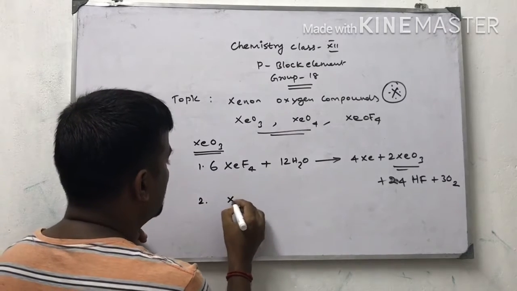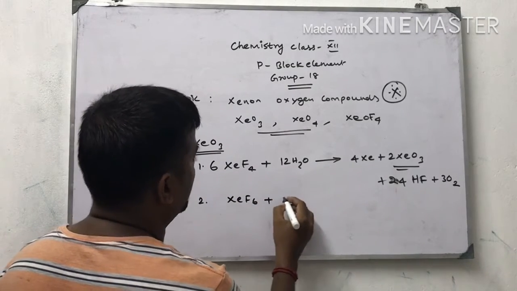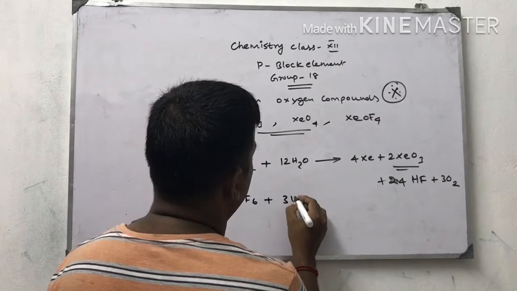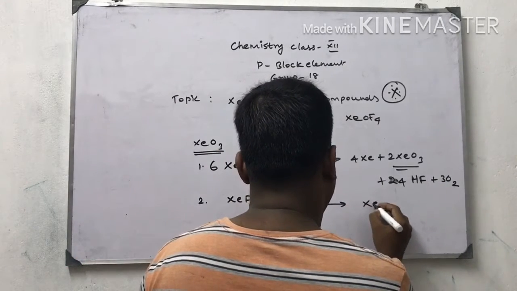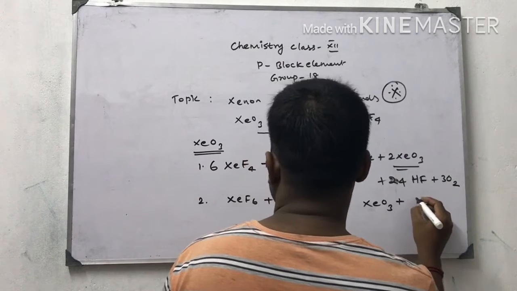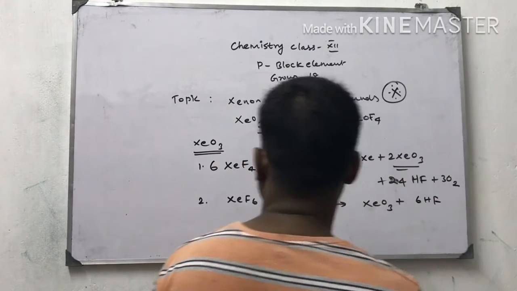Second method, xenon hexafluoride reacts with 3 molecules of water. It will give xenon trioxide plus 6 HF.